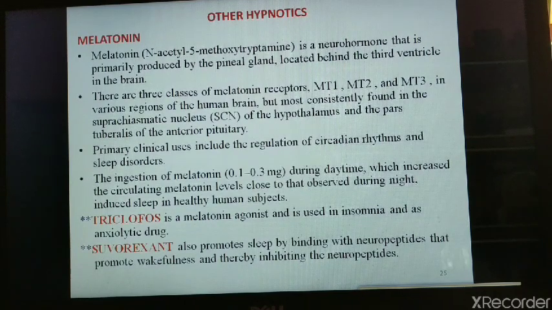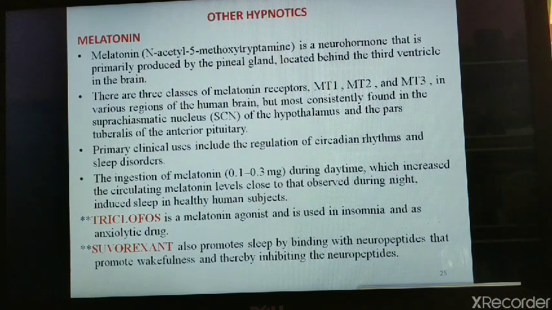The three classes of melatonin receptors are MT1, 2 and 3, which are found in various regions of the human brain and more consistently present in the suprachiasmatic nucleus of the hypothalamus and the pars tuberalis of the anterior pituitary.